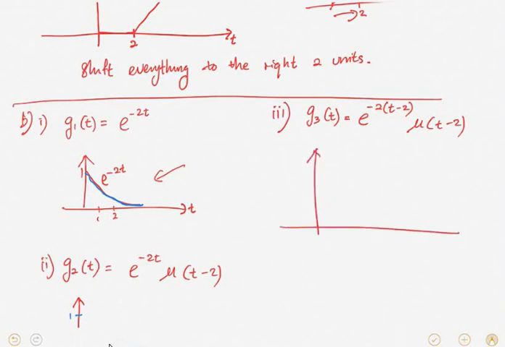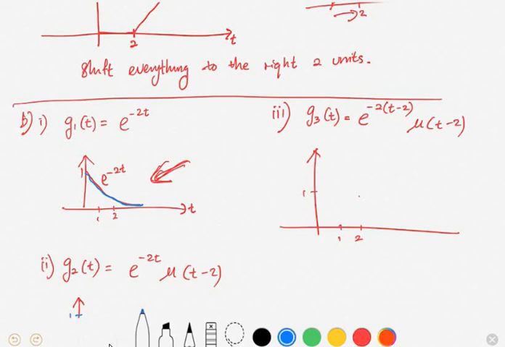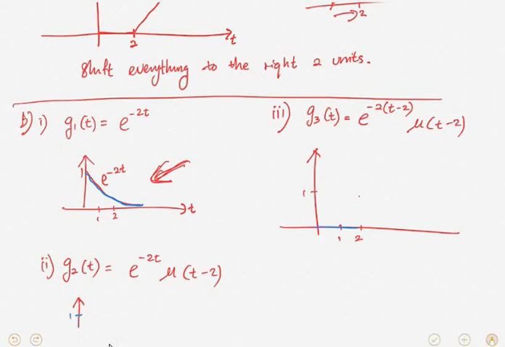So similarly, you shift the graph of the first one 2 units to the right-hand side. So the maximum is 1 here. I draw it in the blue line. So this is the graph for exponent negative 2(t-2) u(t-2), which means you shift everything to the right by 2 units.